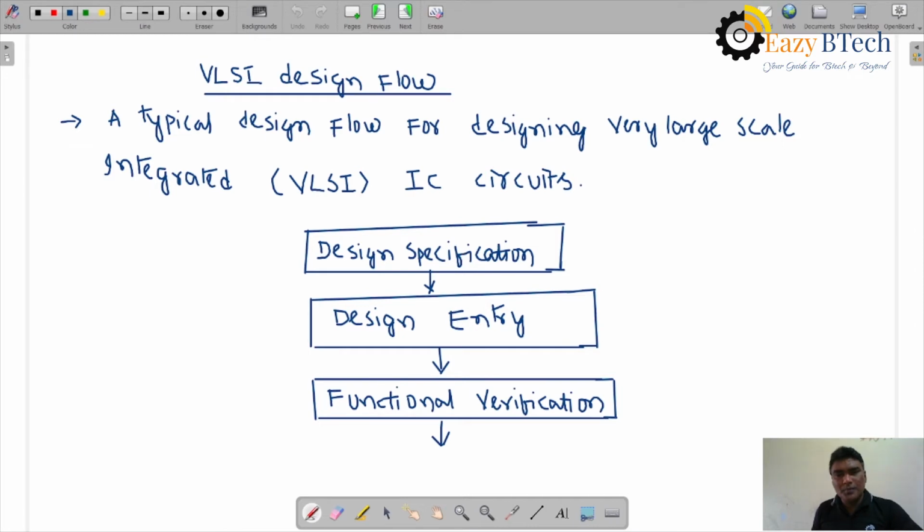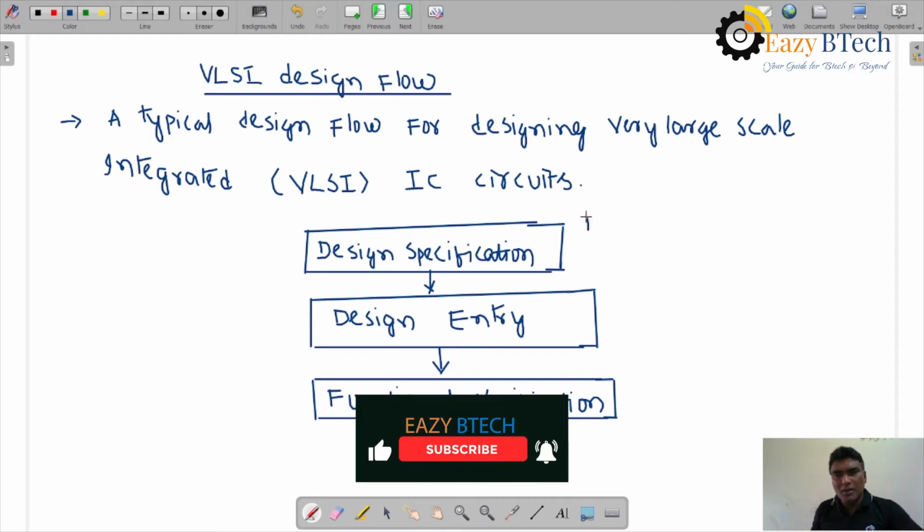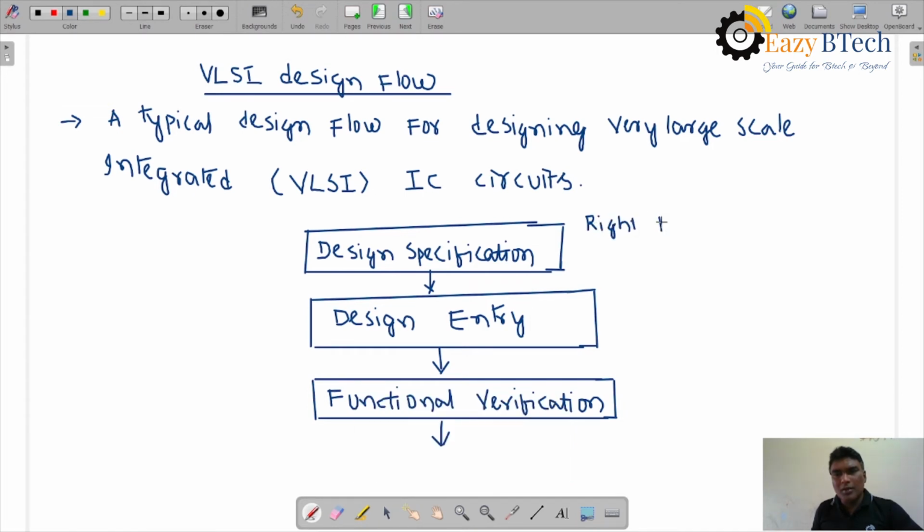So first it will be design specifications, choosing the right technology. Then design entry, which has two ways.